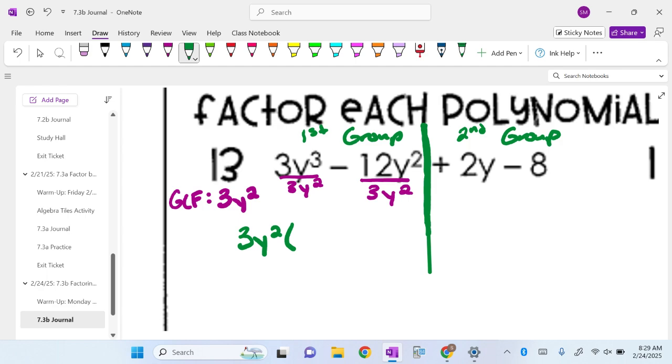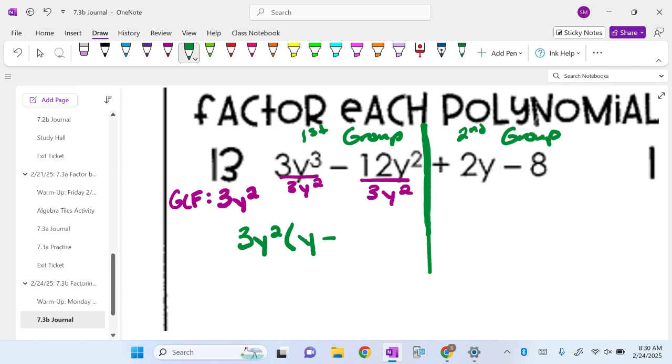So guys, look at your factor trees if you drew them. What's the only thing left over after you take out 3y squared from 3y cubed? It's a y. Then minus 12y squared divided by 3y squared. What do you have left? Not just a 2, you also have a... Do you have two 2's left over?